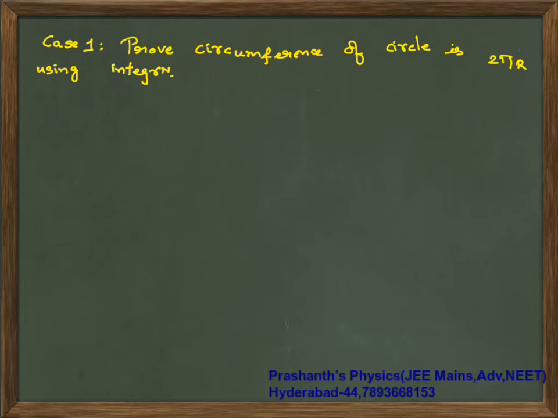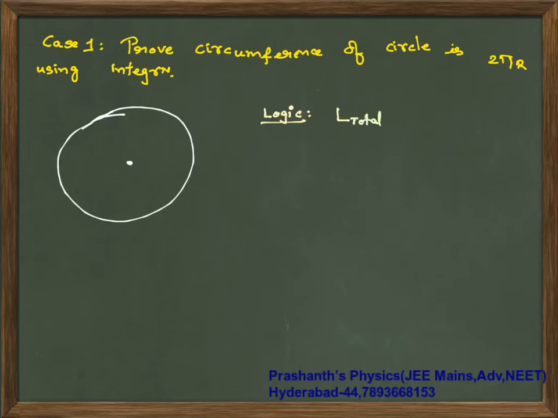Now, to get complete length, circumference means it is complete length. So to get complete length, your logic is, to get total length, you just simply integrate small length.